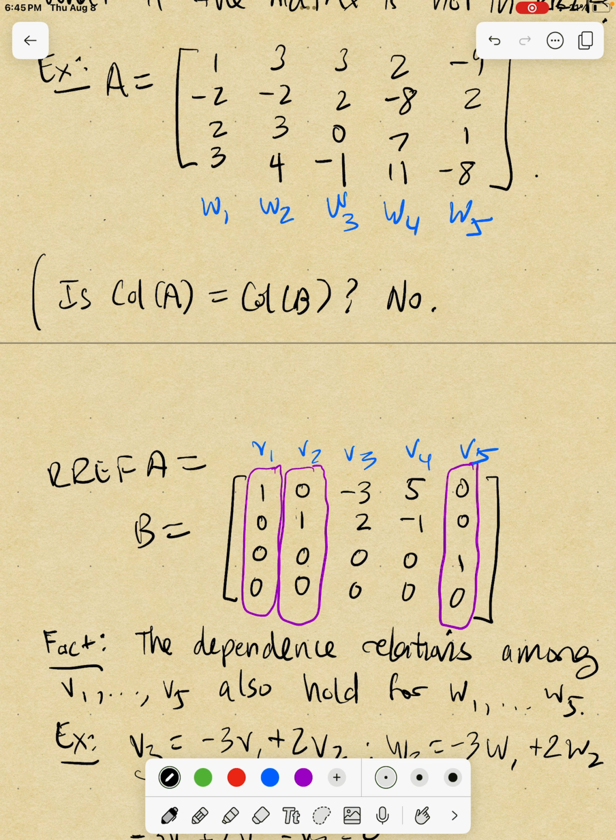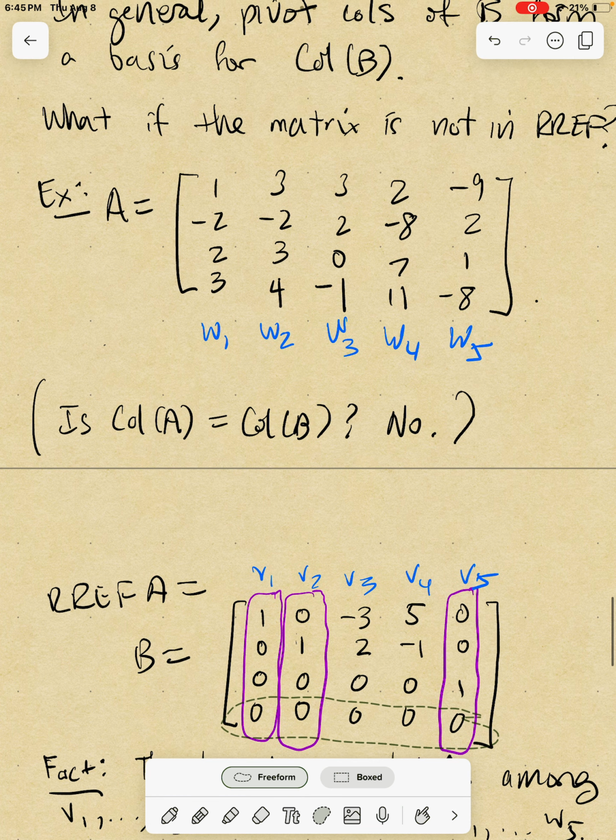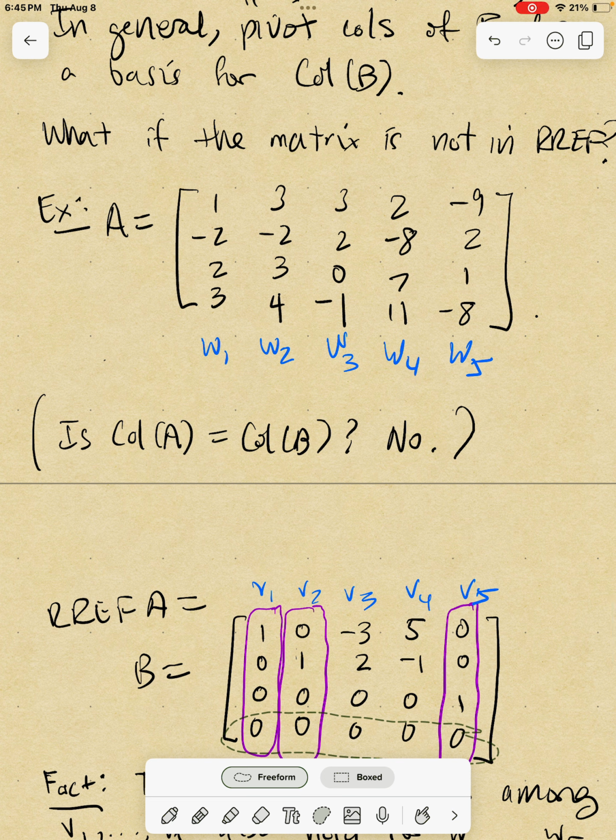How come? Because when I look at the last component of B, those are all 0. So any vector that's a linear combination of these column vectors will have to have the last component being 0. But none of these columns of A have 0 as the last component.